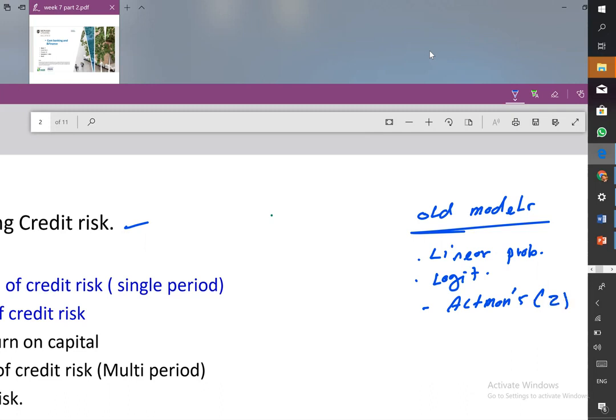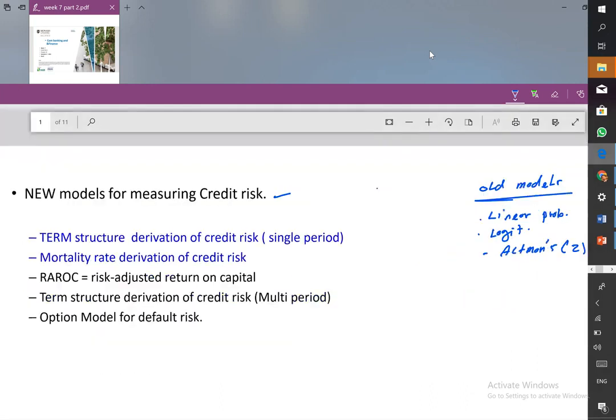Now we move to the new models, called the term structure derivation of credit risk. This one we will take in this part, and these three we will take in week 8.